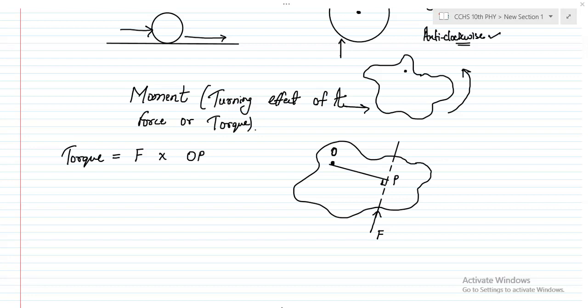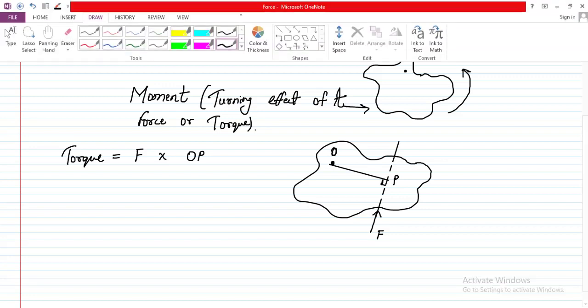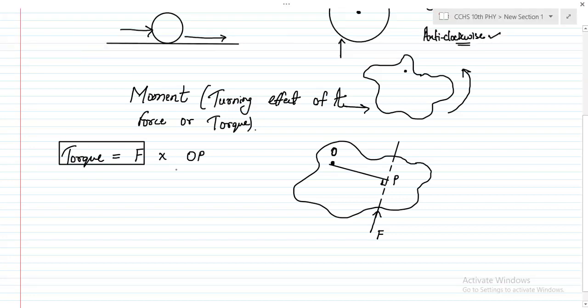The distance between a point and a line will be shortest only if it is perpendicular. So here we can see this OP is taken perpendicular. That means we are talking about the shortest distance between the line of action of force and the pivoted point. So here is the formula for torque: force multiplied by perpendicular distance, which you have already studied in class 8.